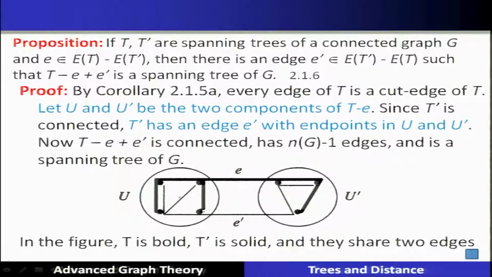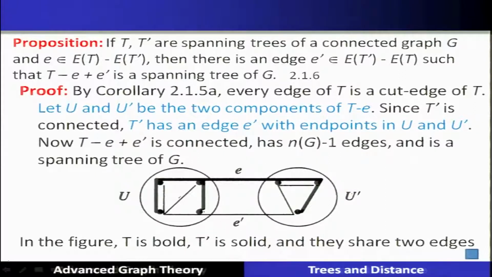So the graph becomes disconnected, but the other spanning tree T prime will have an edge E prime which connects these two disconnected components after removing E. Hence, after adding E prime, the tree T minus E plus E prime will become a spanning tree of G.